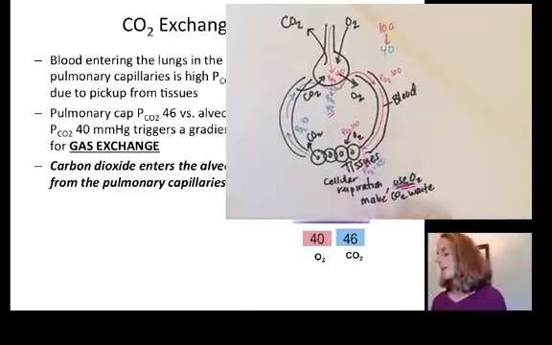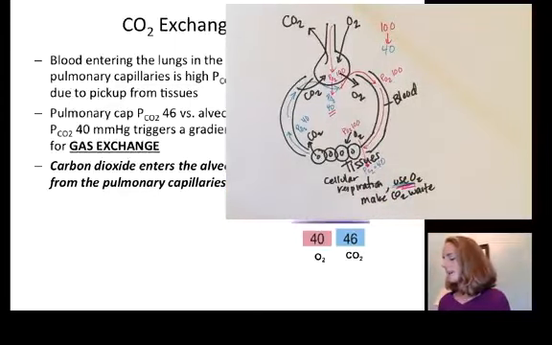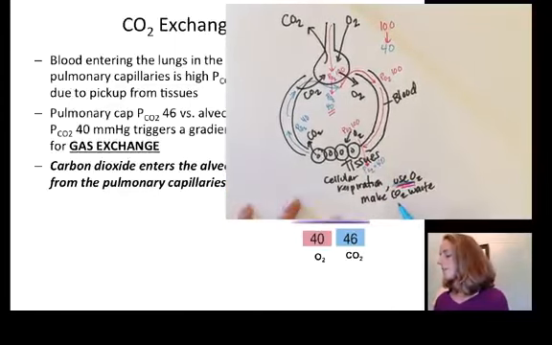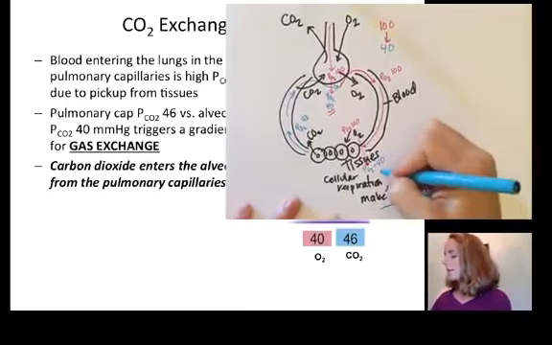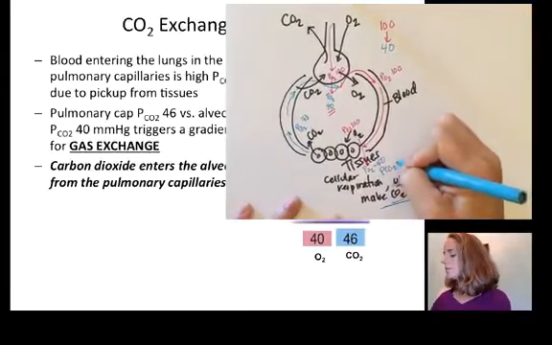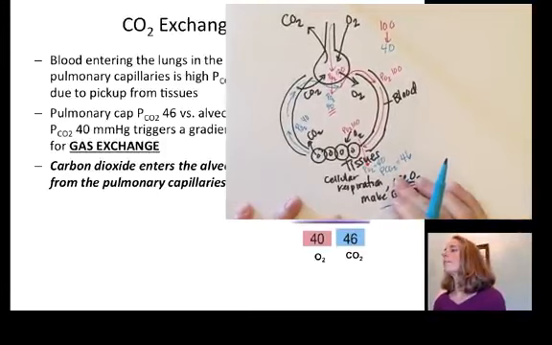So back to our diagram. We're going to start at the source of carbon dioxide. During cellular respiration, the tissues make carbon dioxide waste, and that gives them a PCO2 of 46 millimeters of mercury.